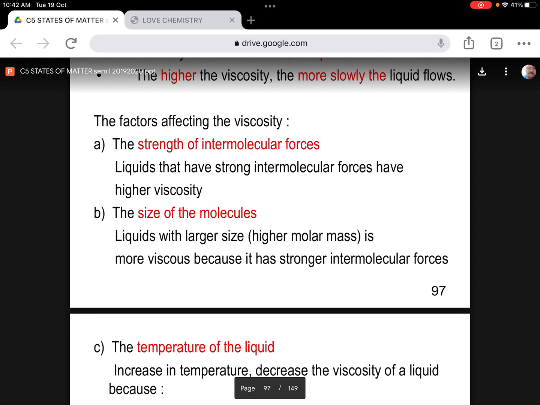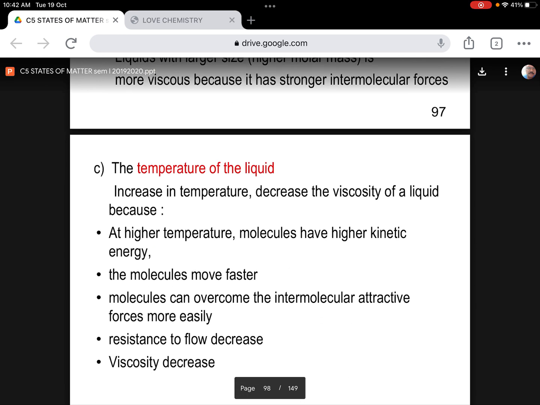First is strength of intermolecular forces. The stronger the intermolecular forces, the higher the viscosity. Second is the size of the molecules. The larger molecules or higher molar mass molecules are more viscous because they have strong intermolecular forces. The third factor, temperature. Increase in temperature decreases the viscosity of a liquid.